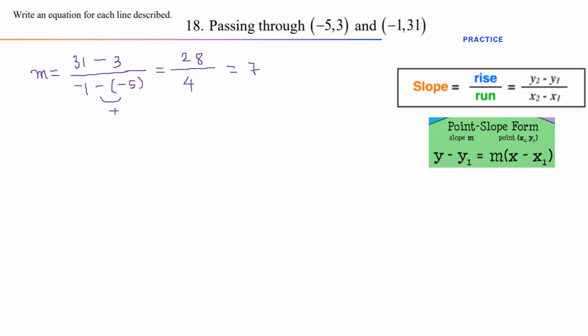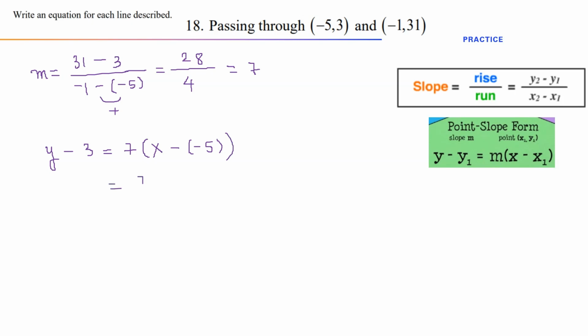And which point should I choose? The first one. Because compared to 31, I don't want to work with that number. It's a big number. So y minus y1, which is 3, equals m, which is 7, times x minus x1, which is negative 5.